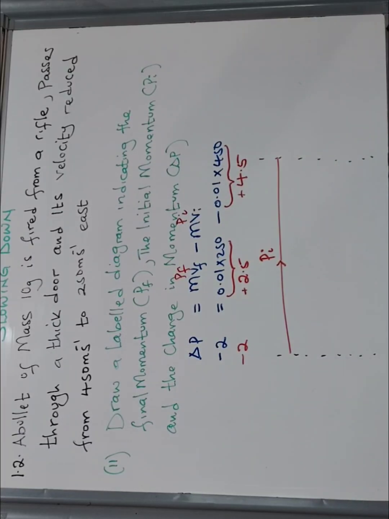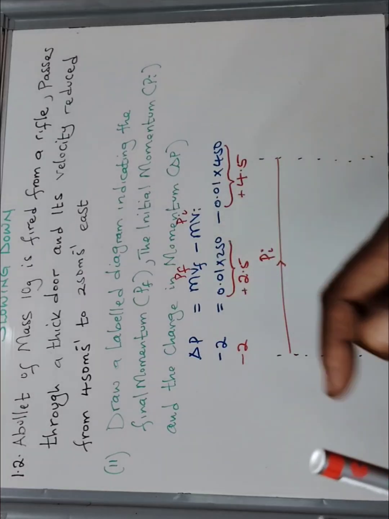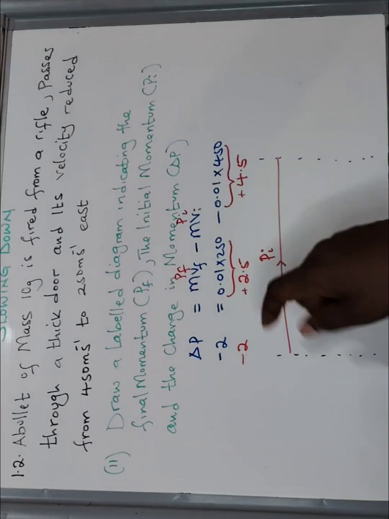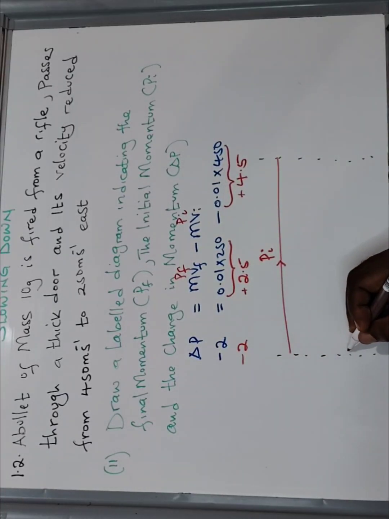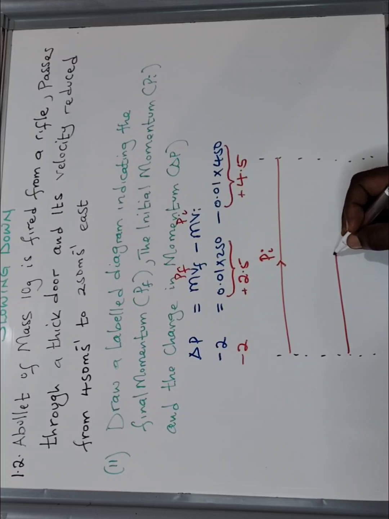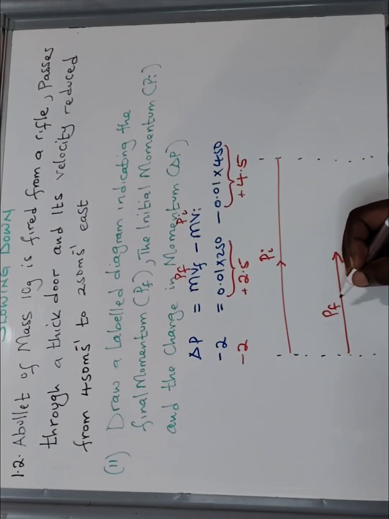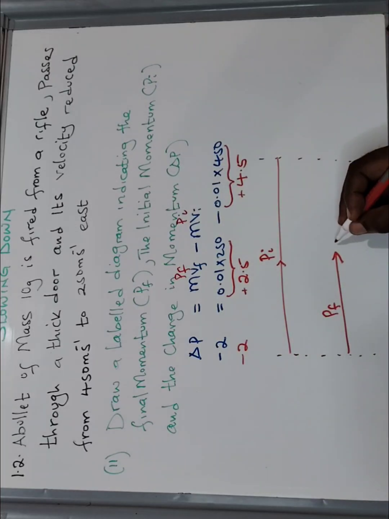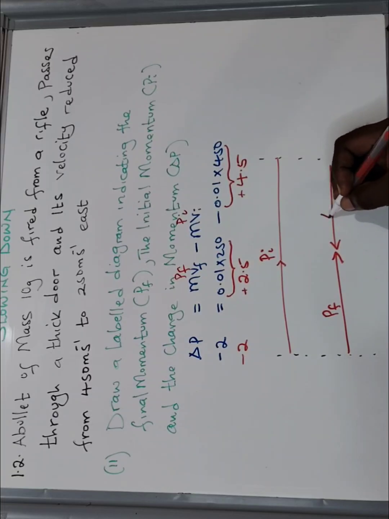Okay, let us look at that one. What is our PF? Our PF is positive also, and you indicate it that way. I'm taking to the right as positive. So this is our PF. So this gap we have here is for our delta P, and it is negative. So you have it there, but you change the direction.